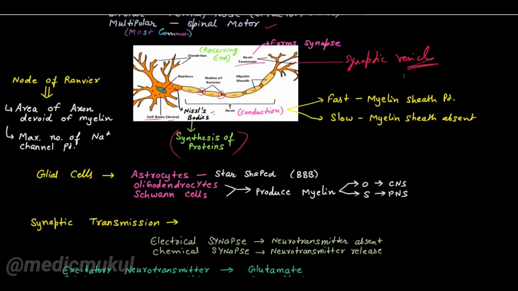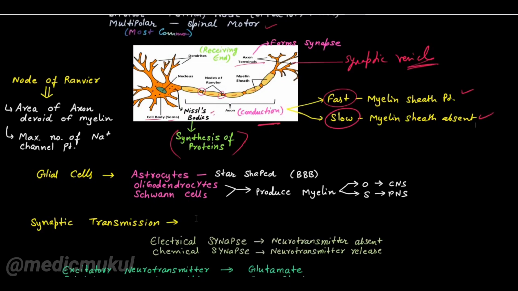The maximum number of sodium channels is present in the node of Ranvier. The axon is responsible for conduction. If you have fast conduction, it means myelin sheath is present. If myelin sheath is absent, there will be slow conduction.